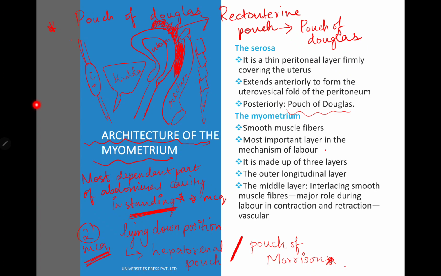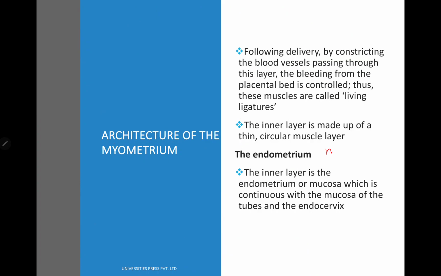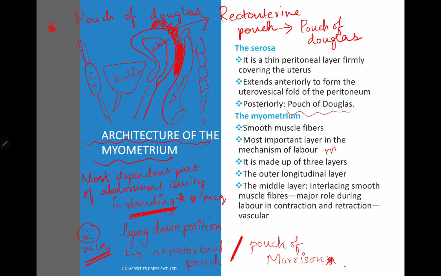So the myometrium has the smooth muscle fibers, it's the basic histology, guys, the most important layer in the mechanism of labor. This is an MCQ. Which is the most important layer in the mechanism of labor? It's going to be your myometrium. People get confused. They say, oh, the menstrual cycle is happening, the endometrium sheds out, and so they'll say endometrium.